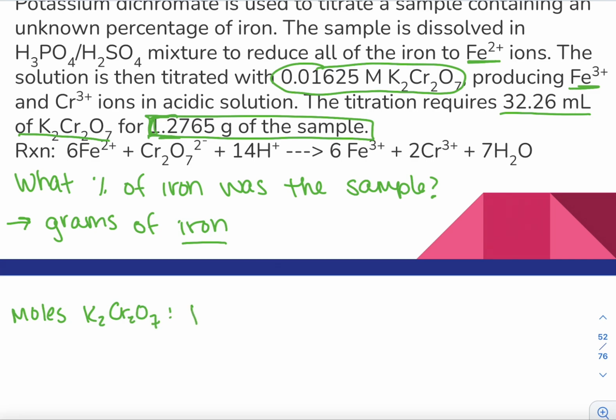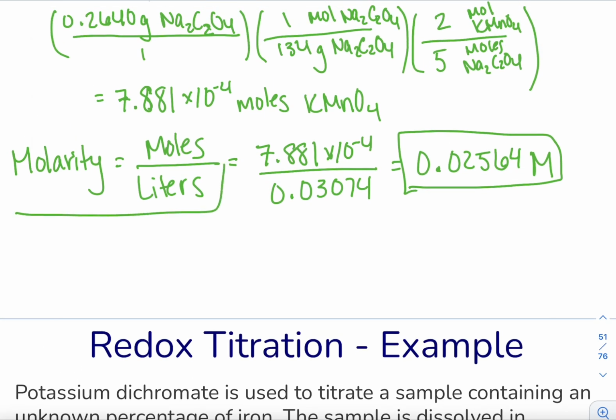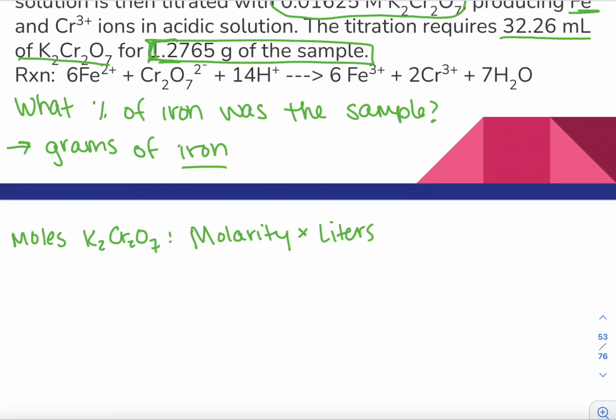So that's going to be the molarity times the liters, right? Because we know our molarity formula is moles over liters. So if we want moles, we do molarity times liters.